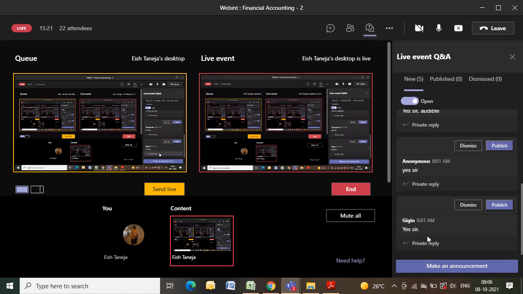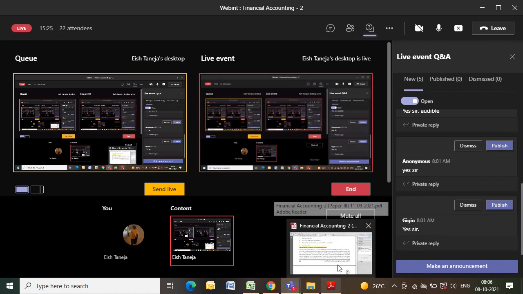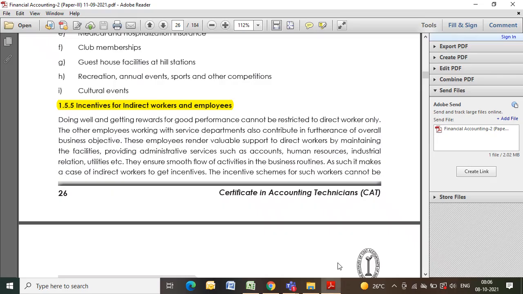So I am moving to my topic, which is the class material. So this is where the incentives are also paid. Incentives means that you encourage the people to work more and basis which you pay more.